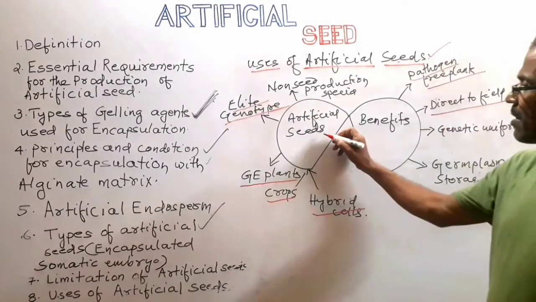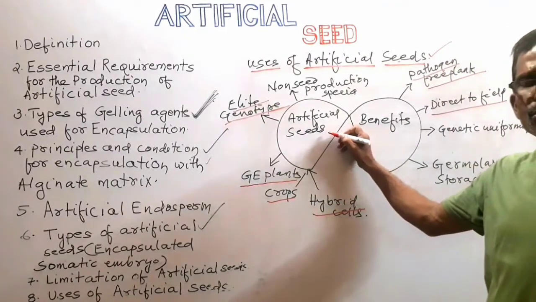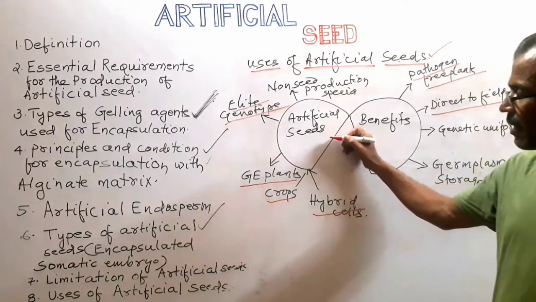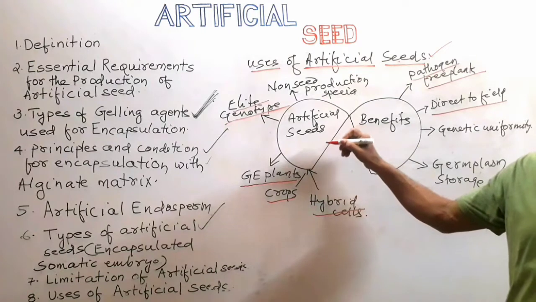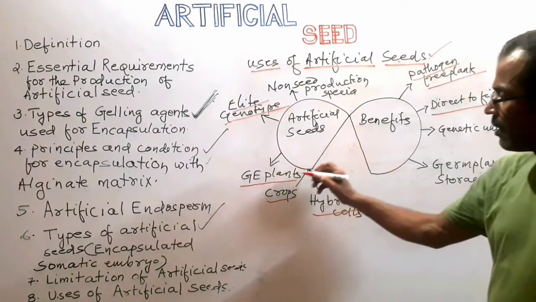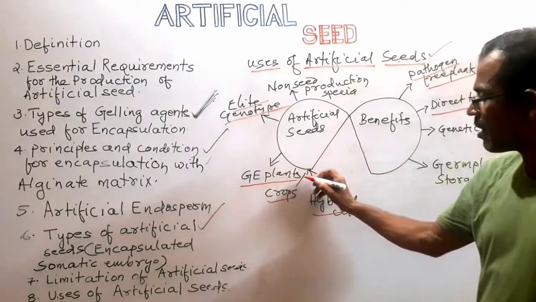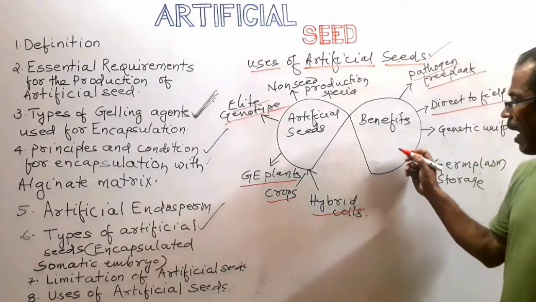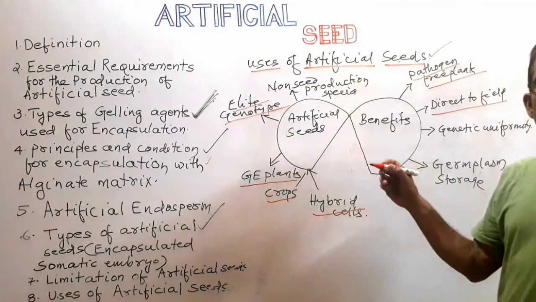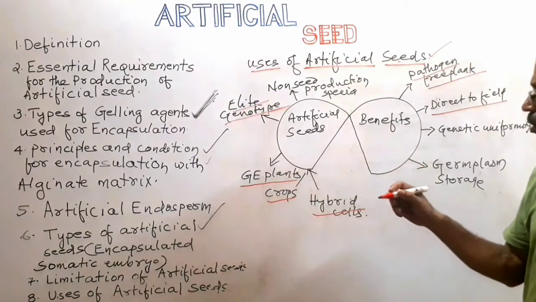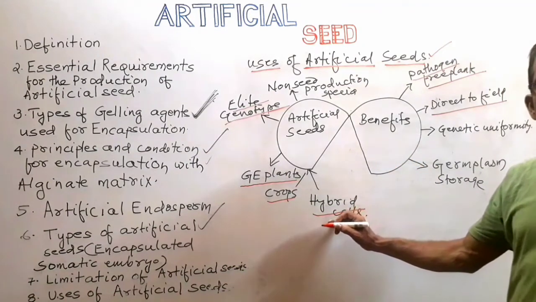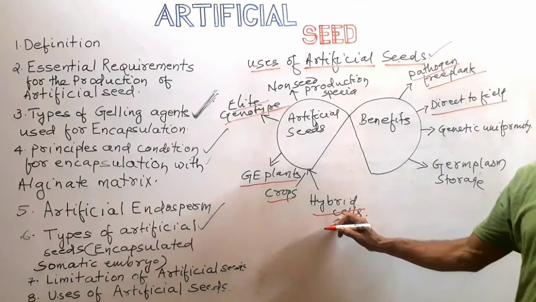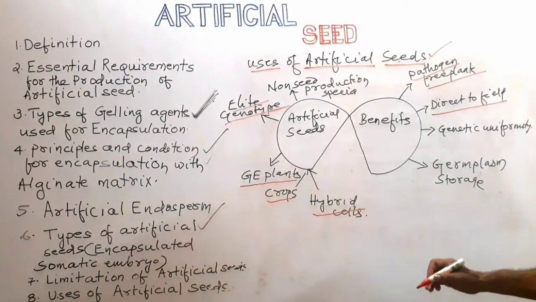And artificial seeds production through somatic embryo is an important technique which can be used for the propagation of genetically engineered plants and crops. In addition to this, artificial seeds are also useful for the propagation of male and female sterile plants which are used for the production of hybrid seeds.